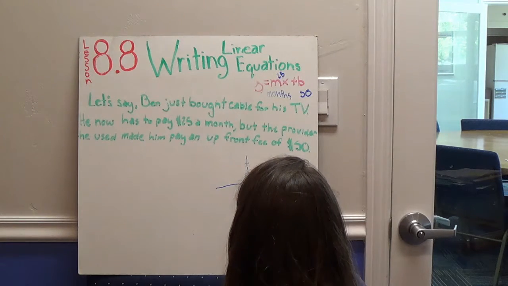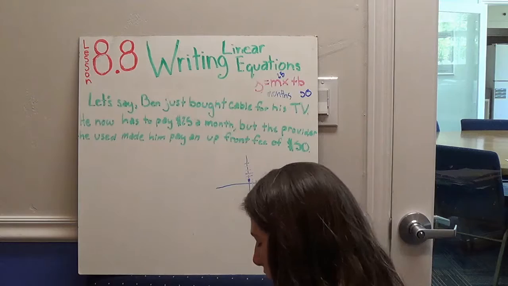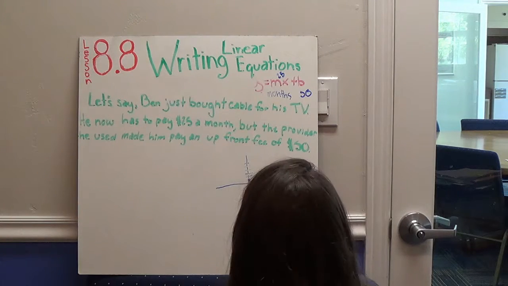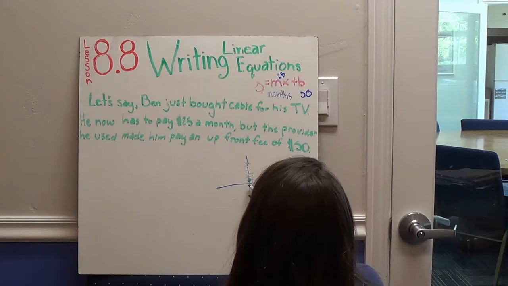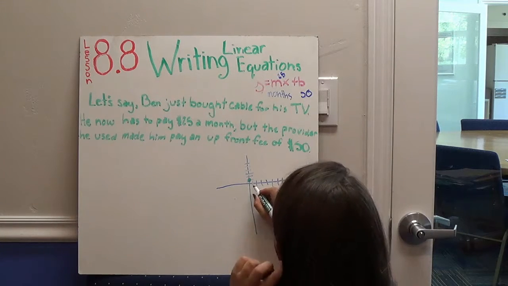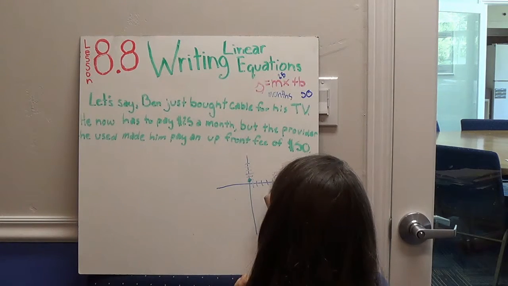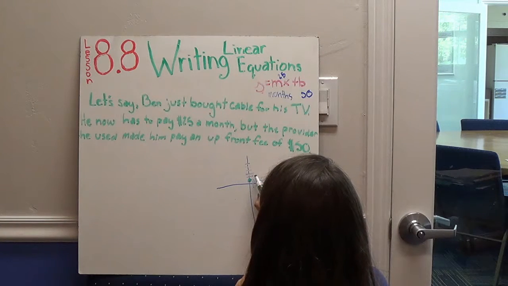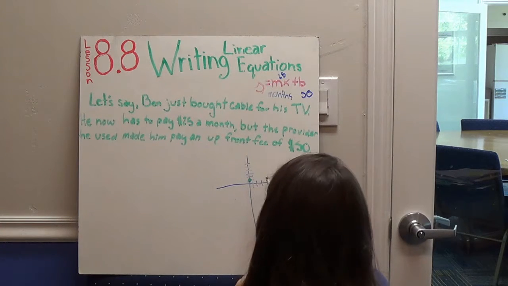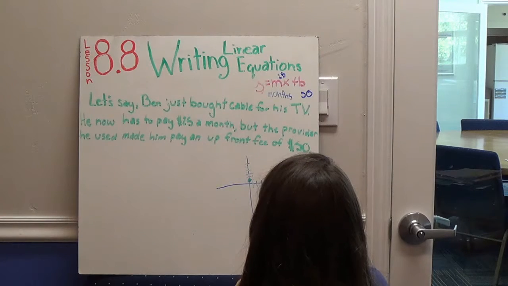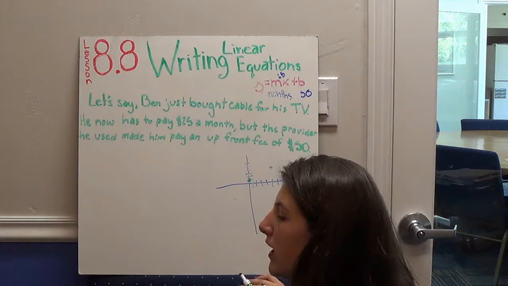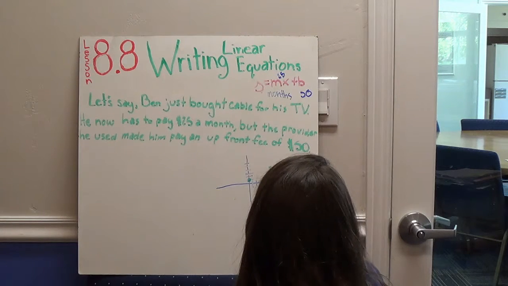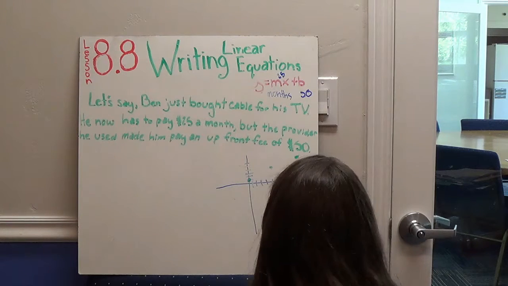I'm actually going to use a different color marker. Then we had 5 and 175, and then we had 10 and 300, so 10 all the way up to 300 makes a straight line.